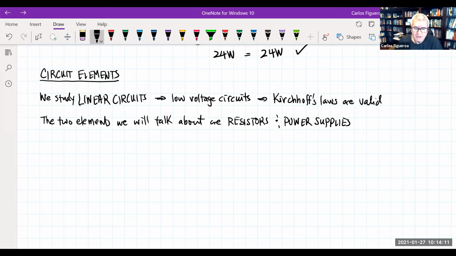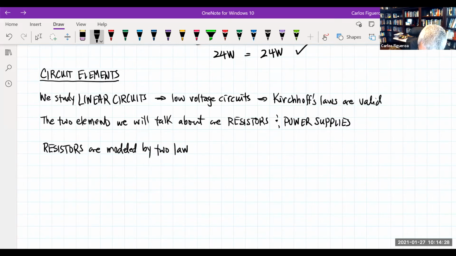Now, the question is, how do we model resistors? Resistors are modeled by two laws. The first one is clearly Ohm's law. When you're thinking about Ohm's law, you automatically know that the resistance is modeled as the voltage divided by the current.